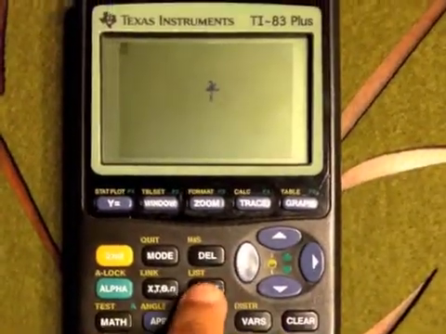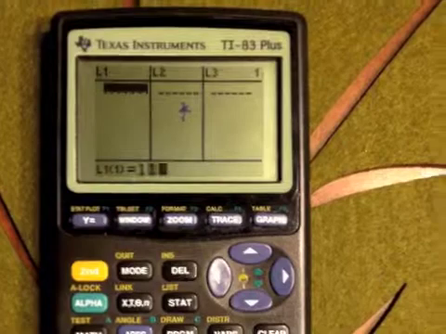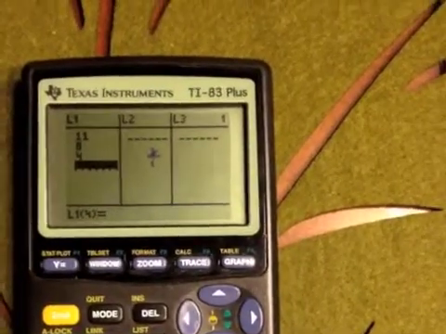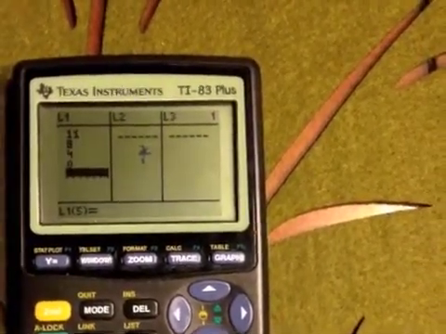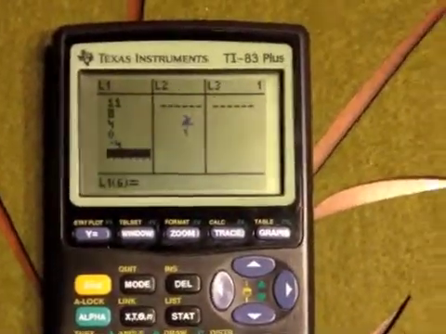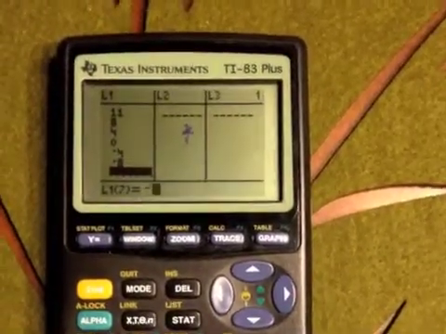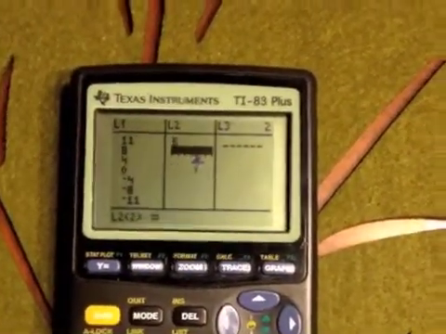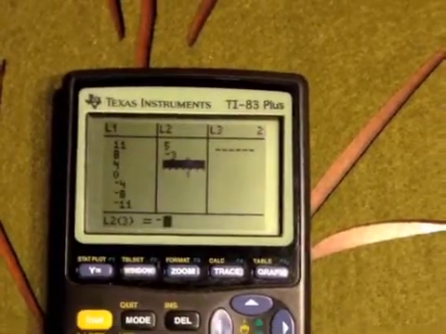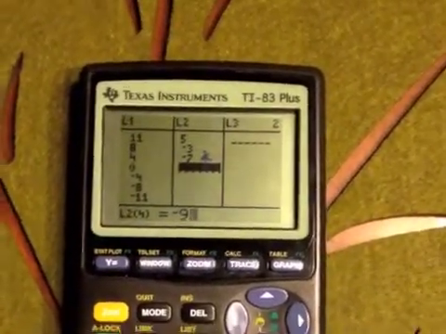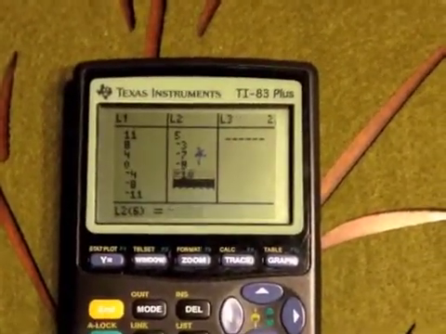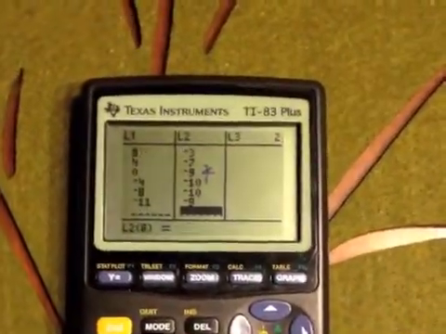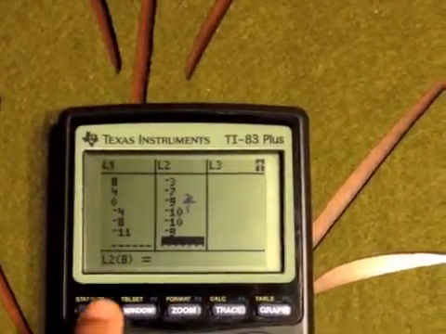On the calculator, I used stat and edit to plug in the x and y values. Press second and stat plot to turn on plot 1.